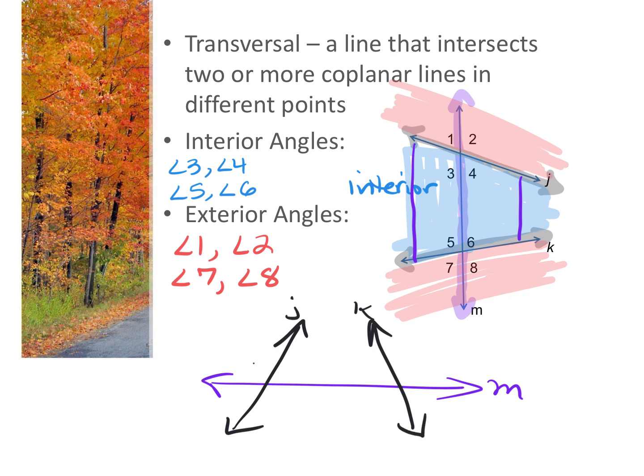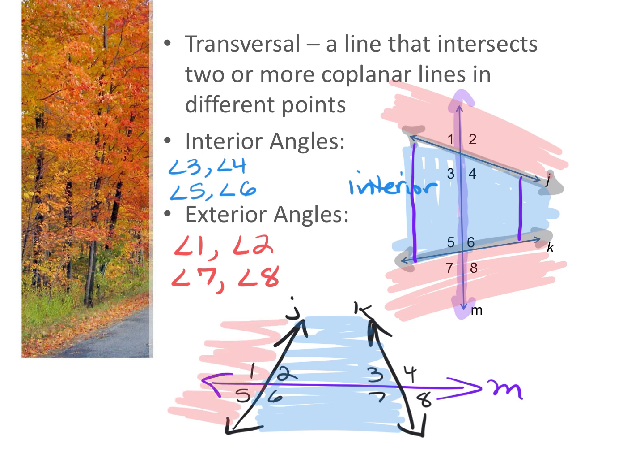And again, it creates the 8 angles, 1, 2, 3, 4, 5, 6, 7, 8. Notice this time, 3, 4, 5, and 6 didn't end up in between the lines, so it doesn't matter how you number them. So my interior portion, again, is the section that's in between the 2 coplanar lines, and then the exterior, or the outside of the lines, would include 1 and 5, and 4 and 8.